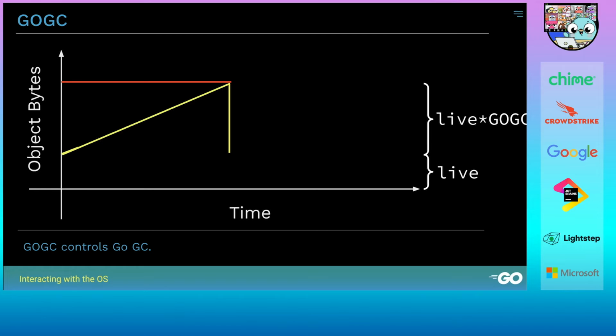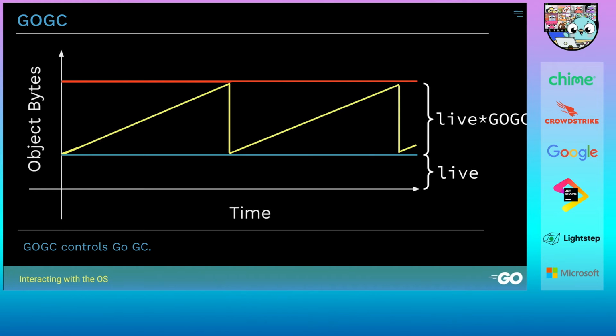So then we can continue this pattern, and when the amount of live object bytes doesn't change, we call this the steady state. Though regardless of whether we're in a steady state, we know that the garbage collector is going to let the application allocate up to that goal before the next garbage collection cycle starts.